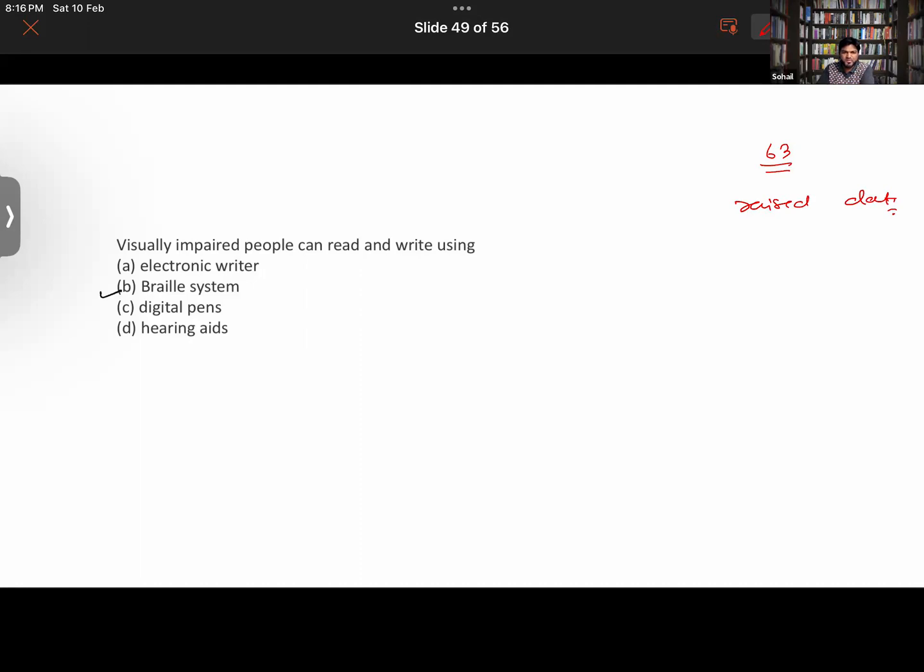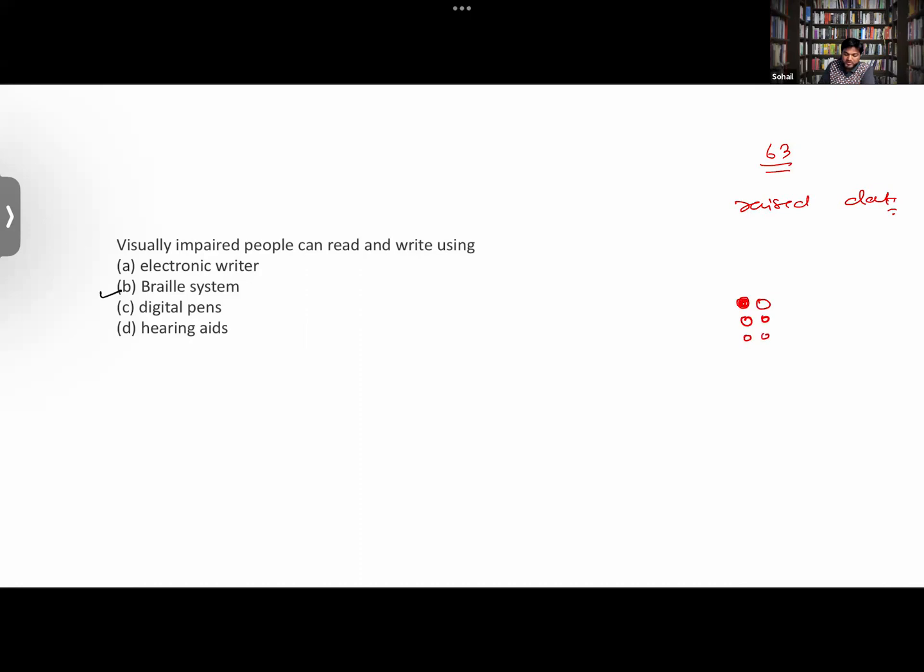Now just to give you an example. If there's a raised dot like this, in the Braille system this means the letter A. If there are two dots raised like this, it means the letter B. If the two dots are raised like this, the ones that I'm highlighting, in the Braille system that means the letter C. So with the help of raised characters in the form of dots, people are able to study the text and in fact write the text as well.